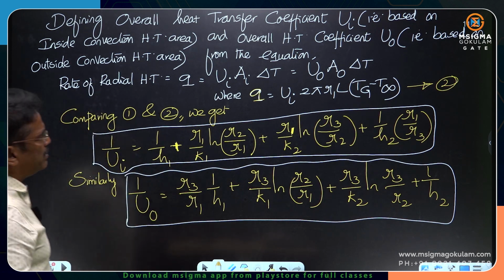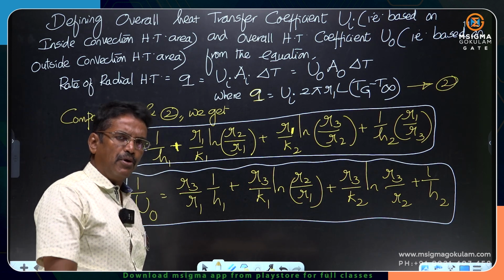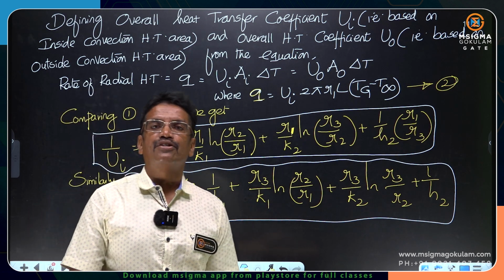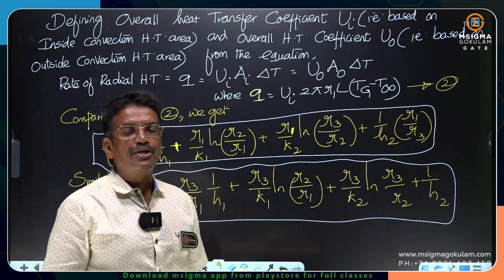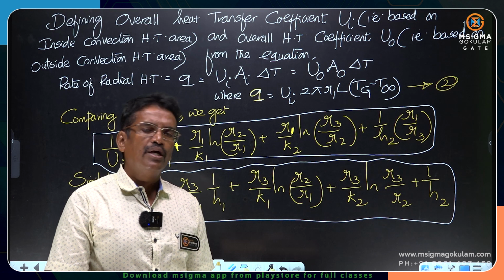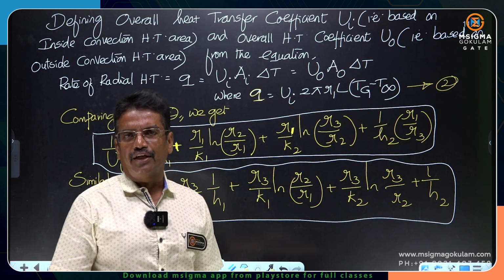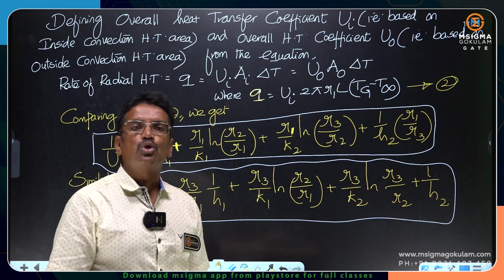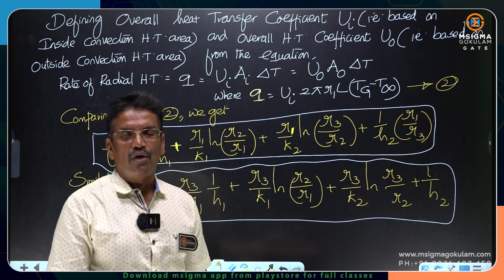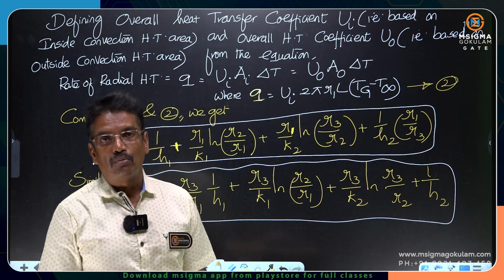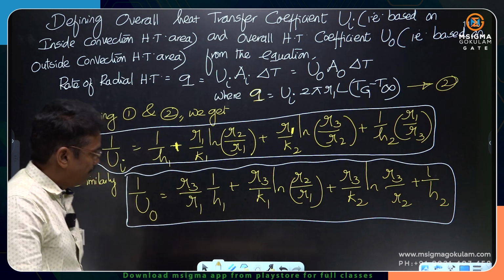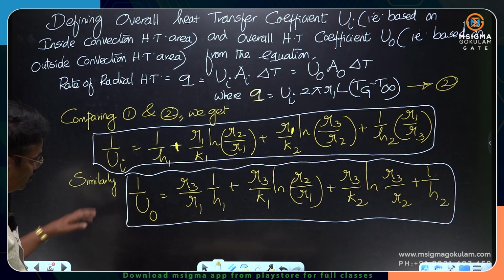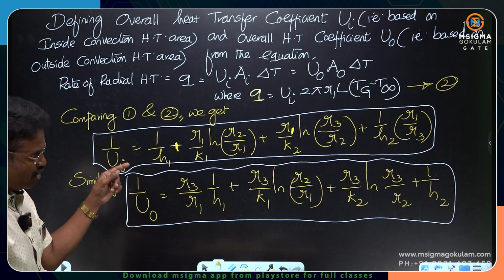This U is a very important term, particularly when you do heat exchanger analysis in both the LMTD method and the effectiveness NTU method. In almost every heat exchanger problem, we are supposed to use the overall heat transfer coefficient value, which is given in the problem. The units of U and h are the same, as I mentioned earlier.